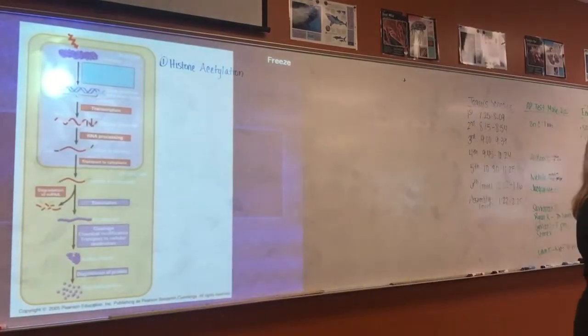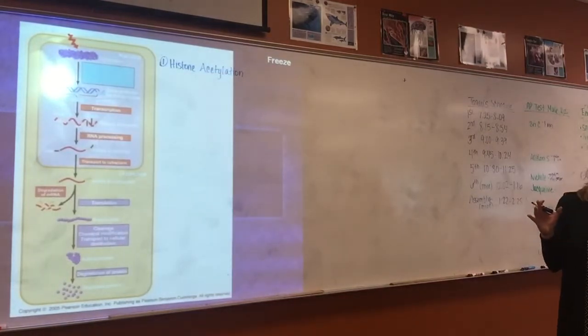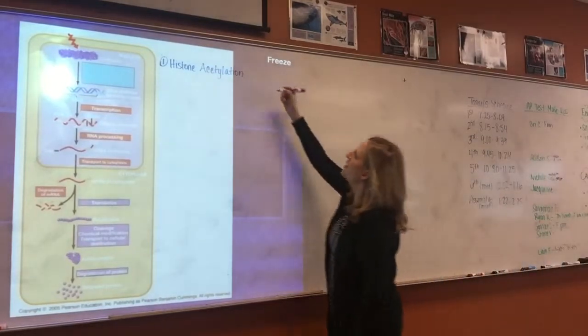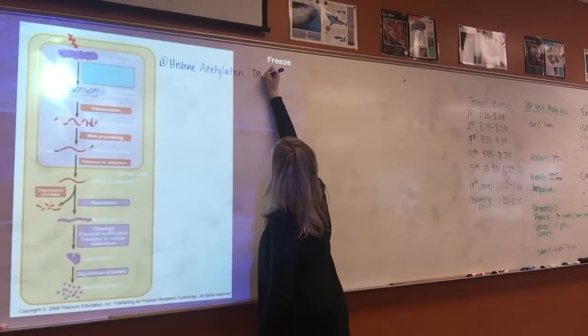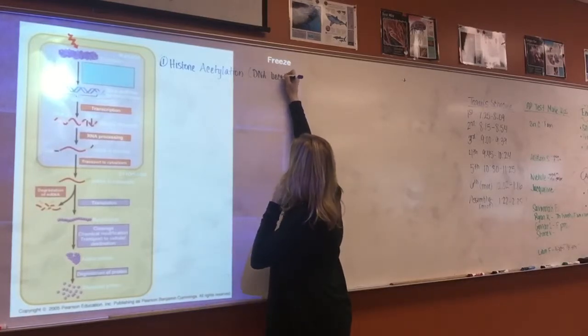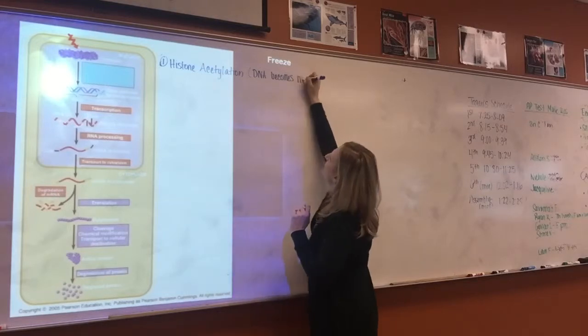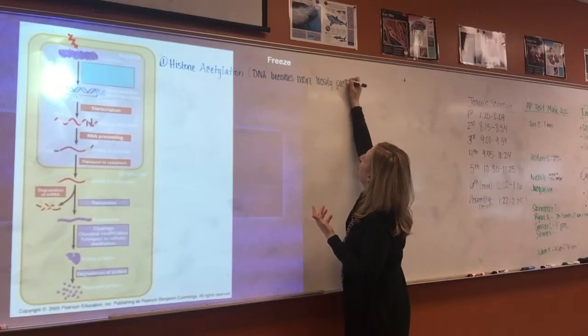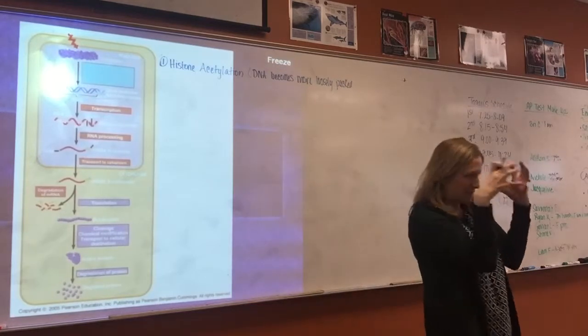Now, how does this contribute to gene expression? With histone acetylation, what happens when we add acetyl groups to the histone proteins? Nathan? The DNA becomes more unwound, and it makes it easier for the DNA to be transcribed. That's right. So here the DNA becomes loosely packed around the histones, so it's not tightly packed anymore.